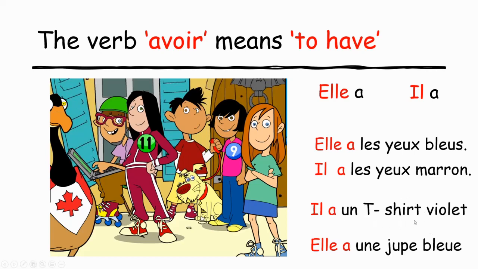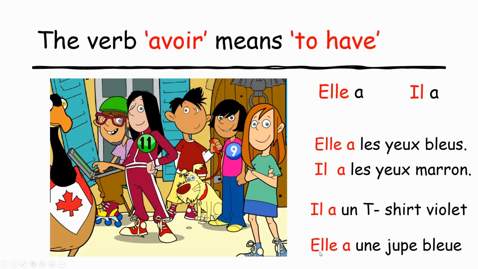Here's our first cognate, t-shirt. And our second cognate is violet, which is similar to English, violet. So now we know he has, il a, un t-shirt violet. That's right, must be talking about this boy here.